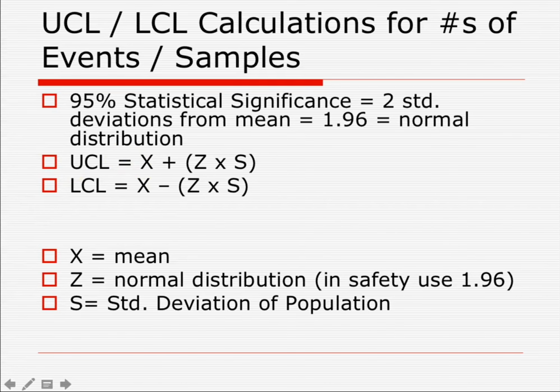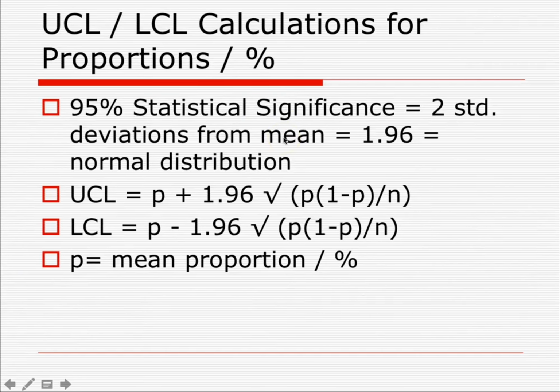Now, if you were going to calculate this for percentages or proportions, using the same 95th percentile statistical significance, two standard deviations, we still use 1.96, but you'll notice the formula here is a little bit different. P here equals the mean proportion, whereas before X was the mean number of events. So P could be, say, the mean percentage of safe behavior, which was 54%.